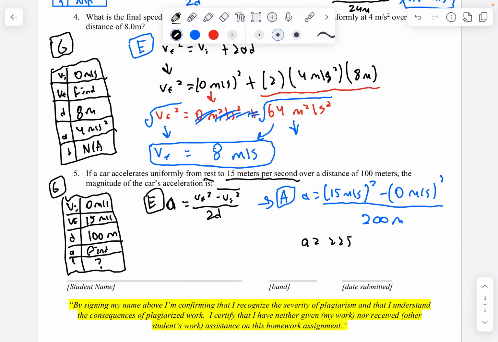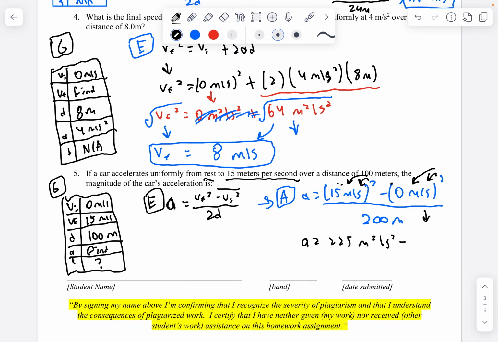225. And what are the units going to be? Remember, the squared applies to the seconds and the meters and the number. So meters squared per second squared minus, well, this is just 0, so we don't have to worry about that. What we do know is that it's going to become meters squared per second squared, and so we can subtract 15 from 0, which just gets us 15, or when we square it, 225.